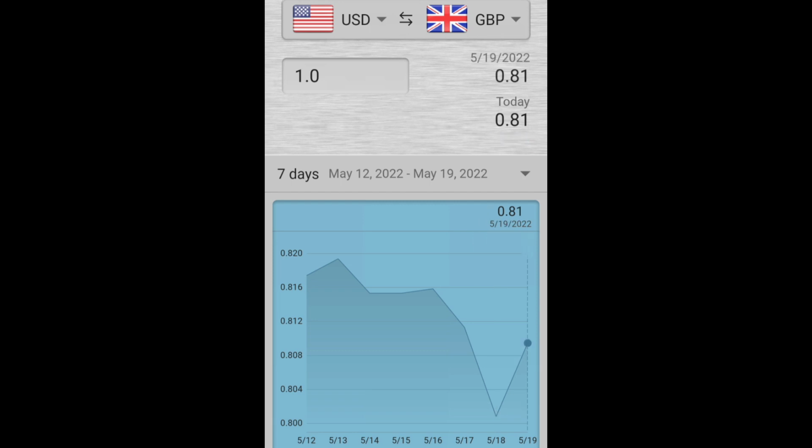And for May 19 data today, 1 US dollar is equivalent to 0.810 British pound. That's a USD to GBP.